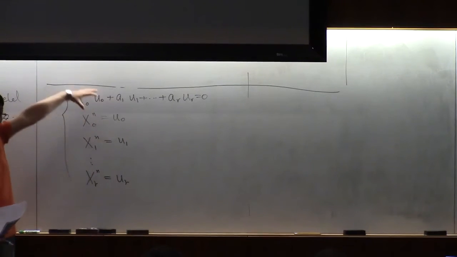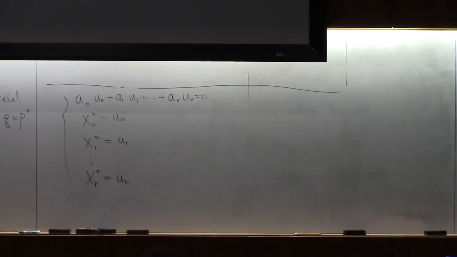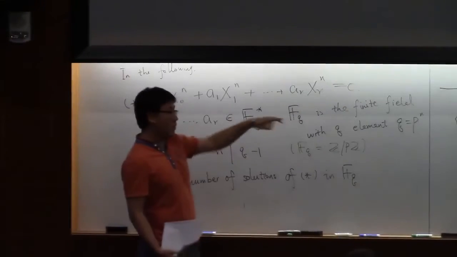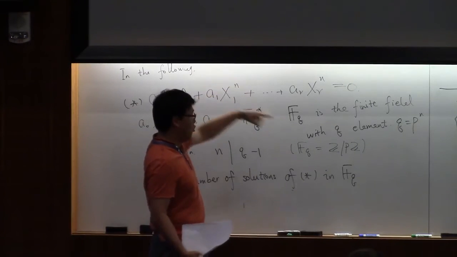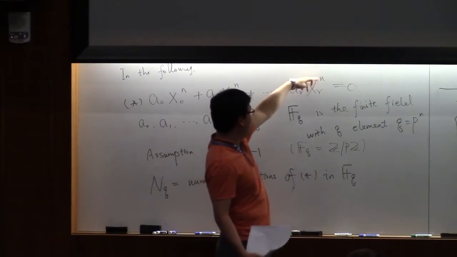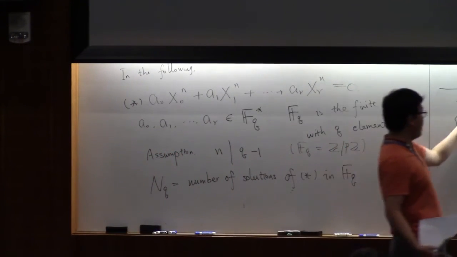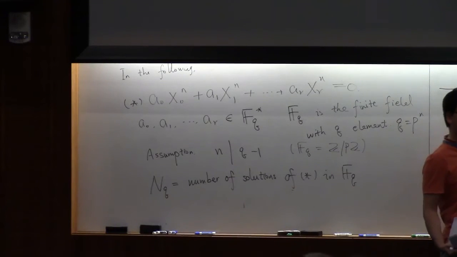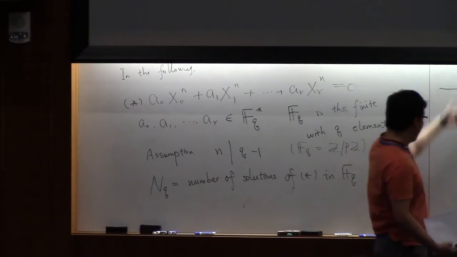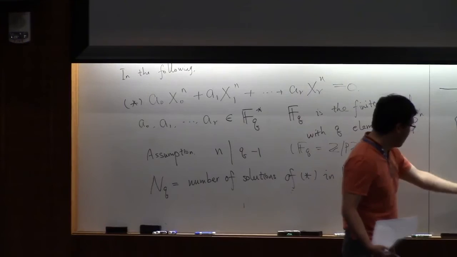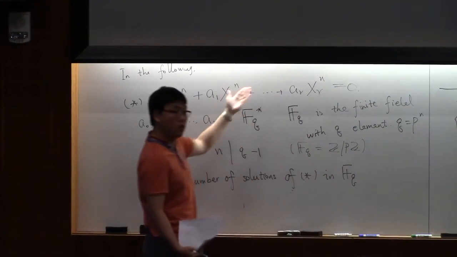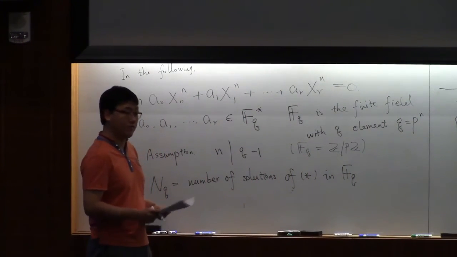If you try to solve this equation, it is equivalent to solve this homogeneous equation, because you can just take x0 to the n to be u0, take x1 to the n to be u1, and take x_r to the n to be u_r. And if u0, u1, u_r satisfy this linear equation, this x0, x1, x_r will give you a solution to this homogeneous equation.